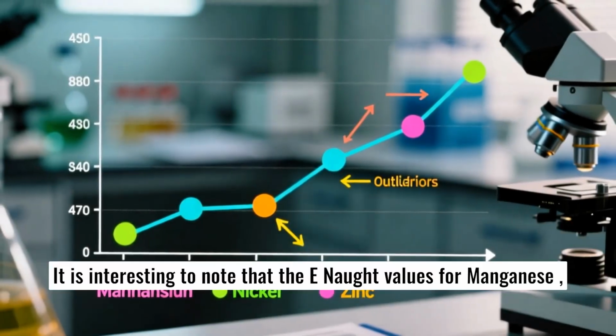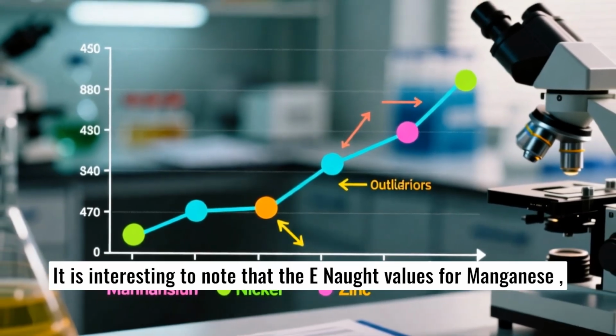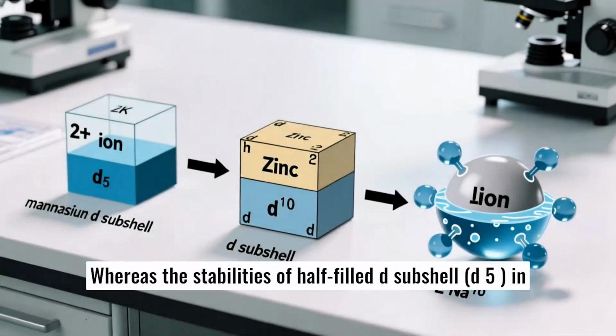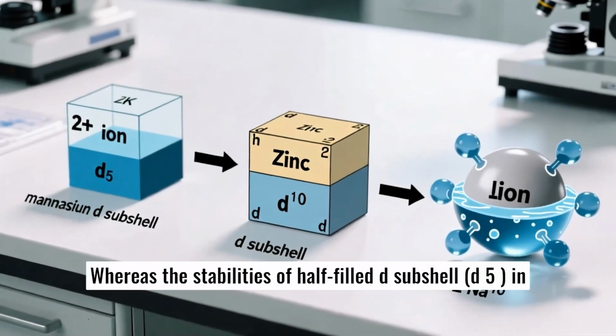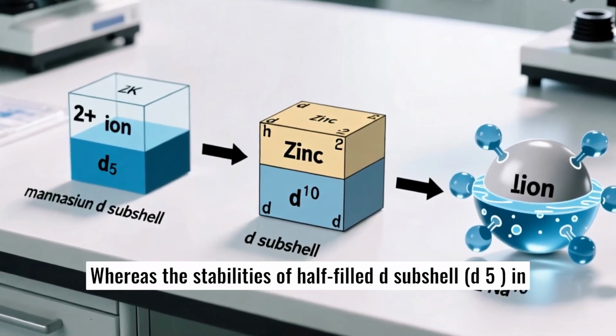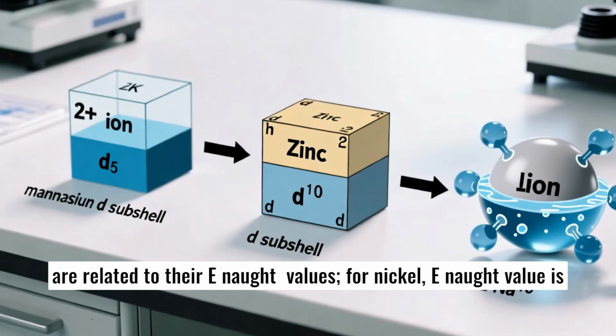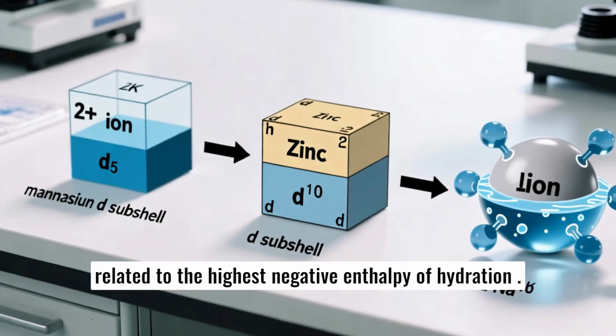It is interesting to note that the E0 values for manganese, nickel, and zinc are more negative than expected from the general trend. The stabilities of the half-filled d subshell, d5, in the Mn2+ ion and the completely filled d subshell, d10, in zinc are related to their E0 values. For nickel, the E0 value is related to the highest negative enthalpy of hydration.